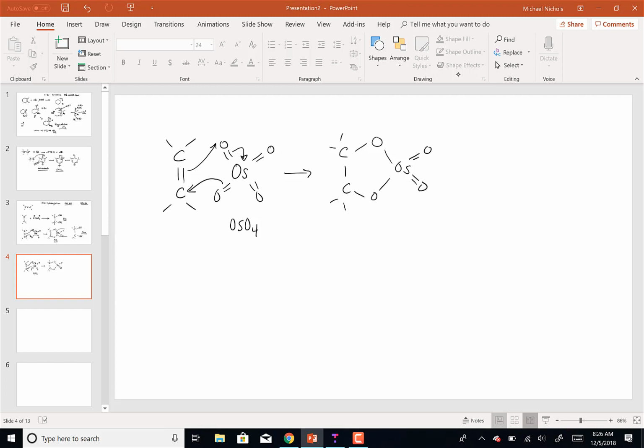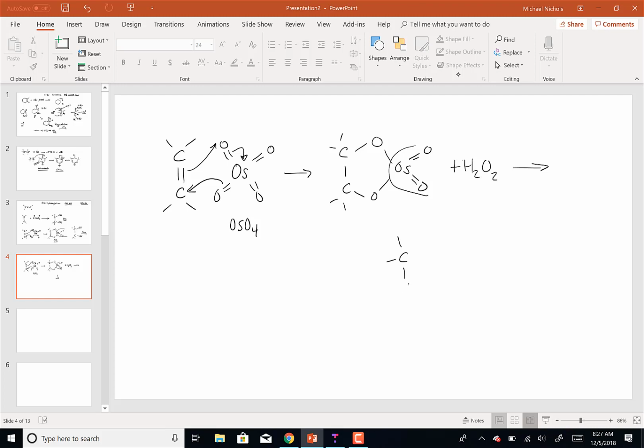Same thing, osmium's gaining electrons, so it's being reduced, which is the characteristic of an oxidizer. But the problem here is that I need to get rid of this osmium part. And so what I actually do is I react it with H2O2, hydrogen peroxide.